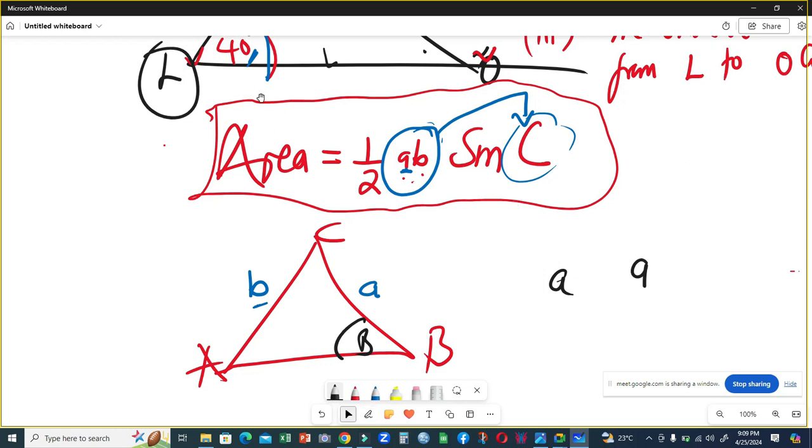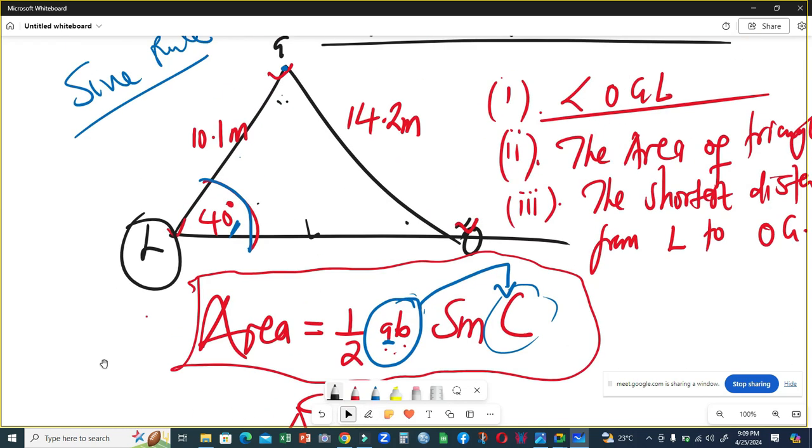Having explained that, let me come back to our question. We have found that this angle was what? Who can remind me? What's the value of this angle? Angle 27 degrees, right? To the nearest whole number. And then we have also found this angle to be 113 degrees.